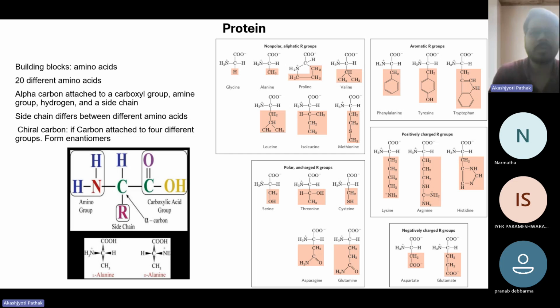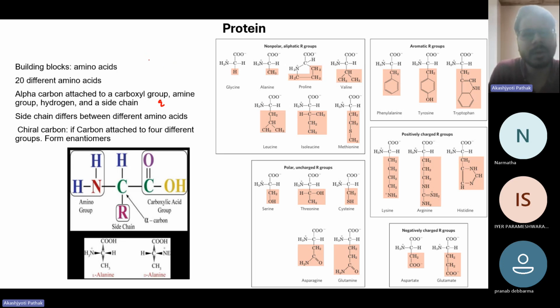So the building blocks of proteins are what? They're amino acids, right? Just like nucleotides are the building blocks of DNA, the building blocks of proteins are amino acids.